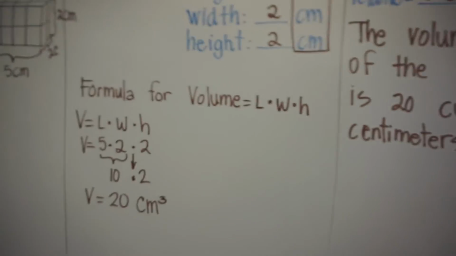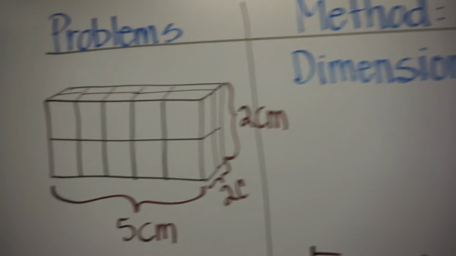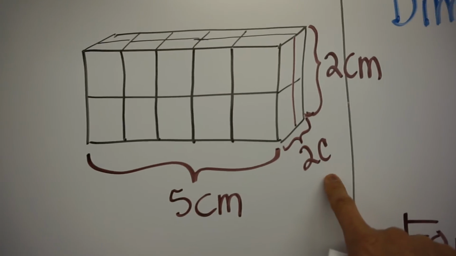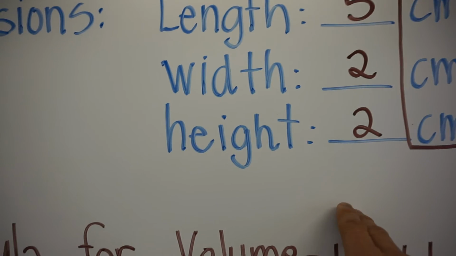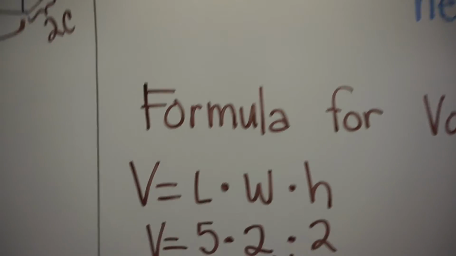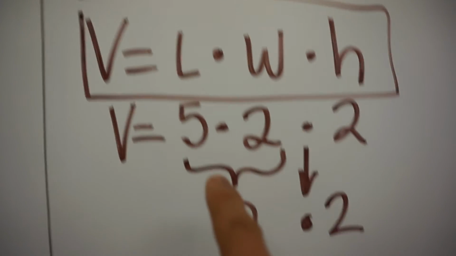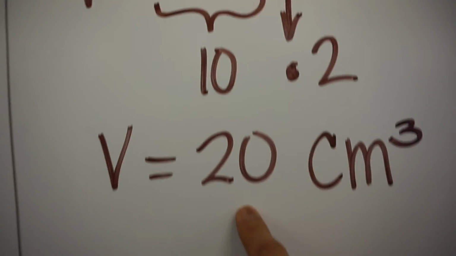Okay, my friends, this is how you find the volume of a figure such as this one. We found the dimensions, length, width, and height. We wrote them on this particular space where you're supposed to show the information that we discovered. And then we used the formula to plug in the numbers of each of the measurements to give us the answer for volume.